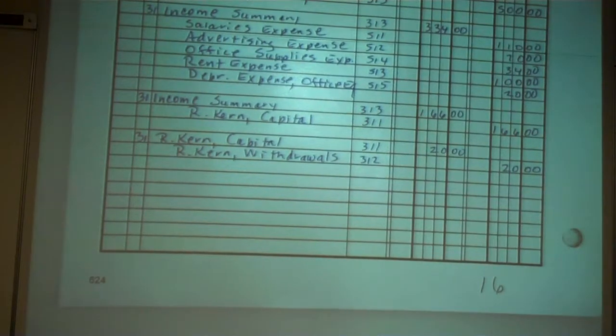All right, now let's go to the ledger. If you have finished posting everything, I want you to tell me which accounts still have a balance. Let's start with cash. Does it still have a balance? Yes. All right, accounts receivable, does it have a balance? Yes.